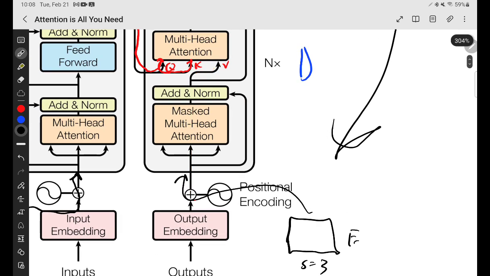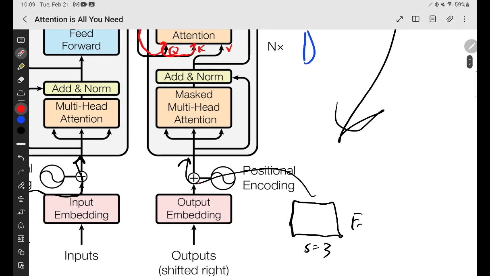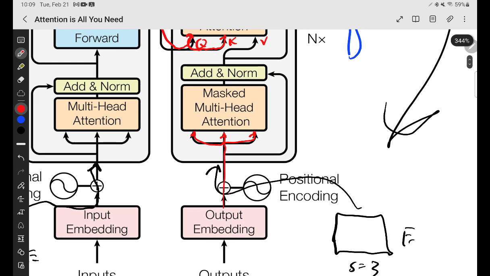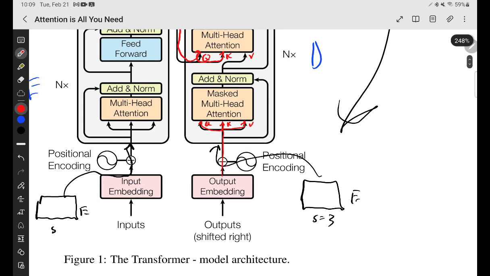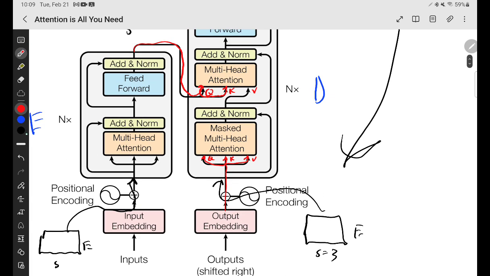This masked multi-head attention, don't worry about the mask part, we'll get to that in a sec as well. It finds relationships between the output sequence itself, the me gusta gatos. So that's just normal old attention.